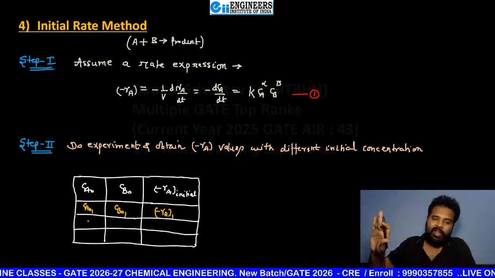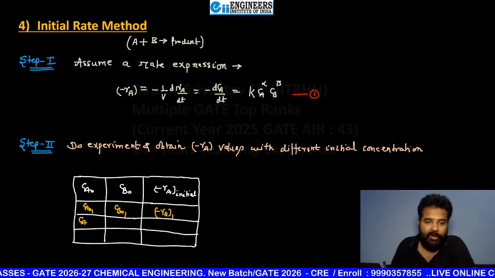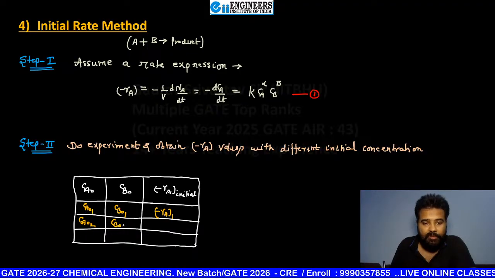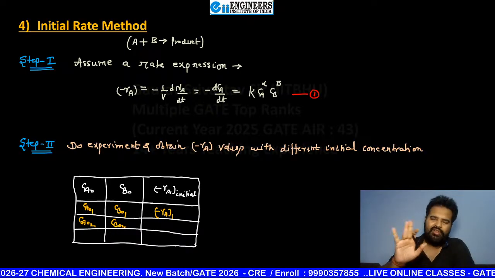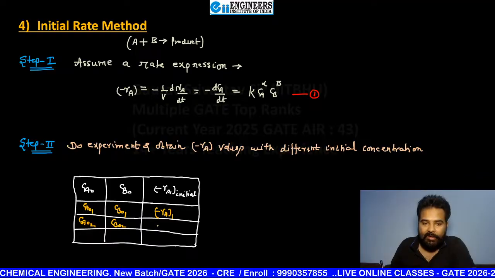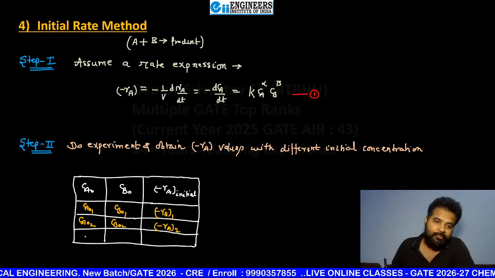Now use again a separate reaction mixture if product affects. So CA naught 2 with respect to some CB naught 2. CA naught and CB naught need not be the same; it is your choice. And here it will give you again an initial rate like RA2.